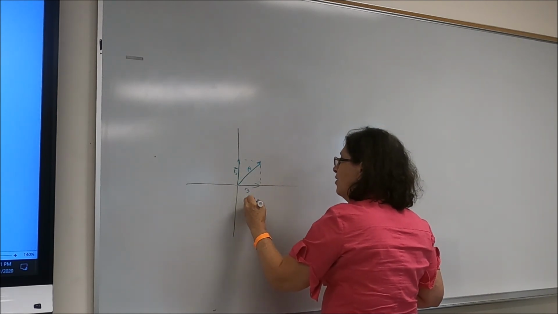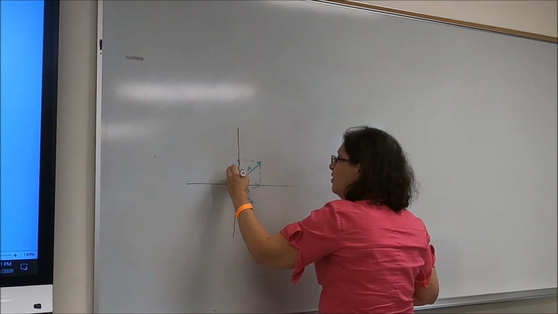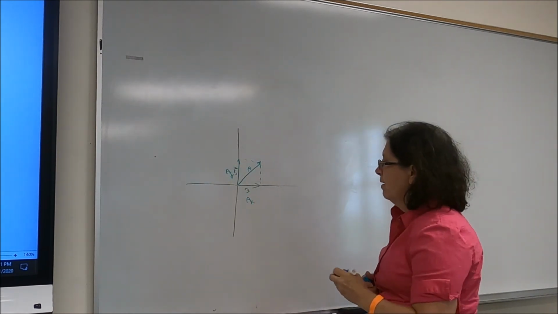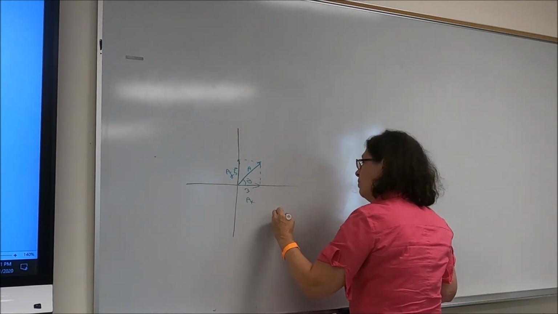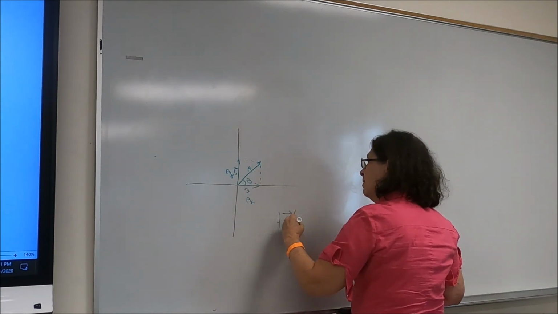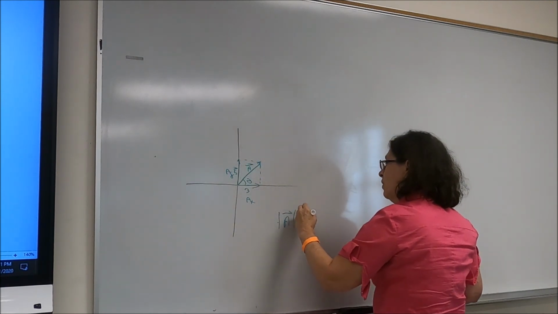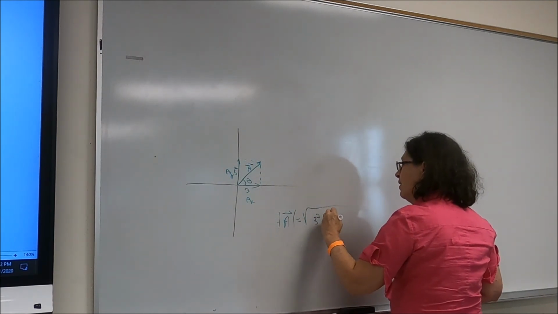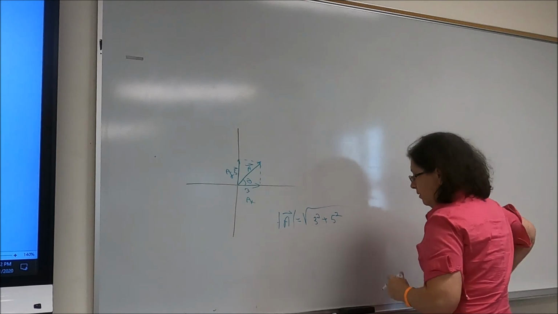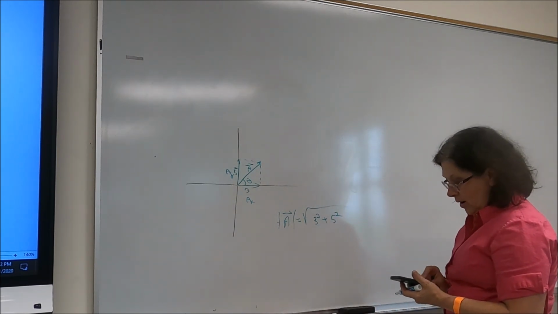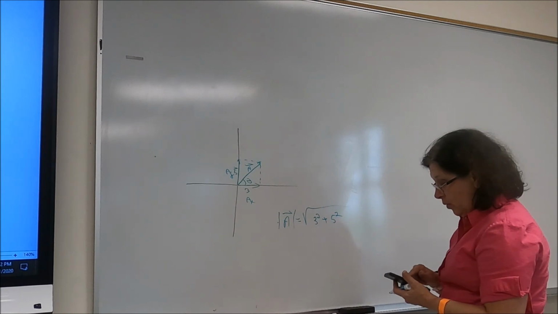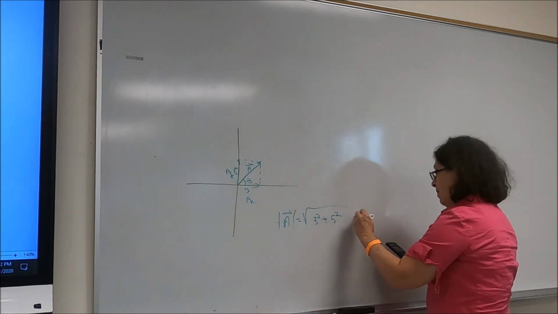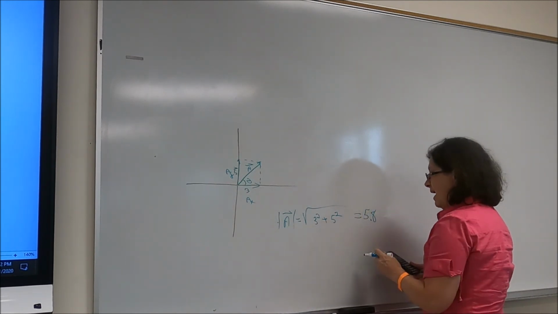So if this is vector AX and this is vector AY, there's vector A. And this would be my angle theta. So the magnitude of vector A is going to be the square root of 3 squared plus 5 squared. So 3 squared plus 5 squared is 34. Take the square root of that. I get a magnitude of 5.8.